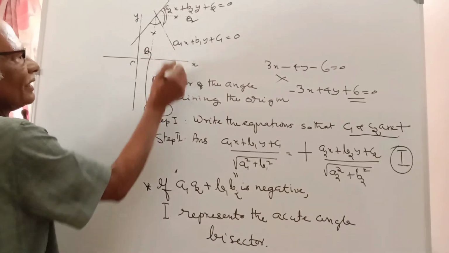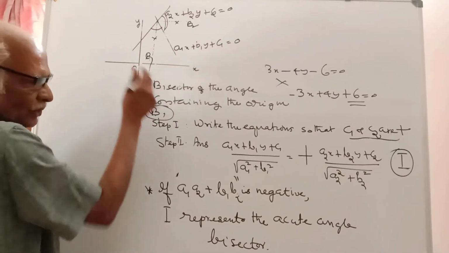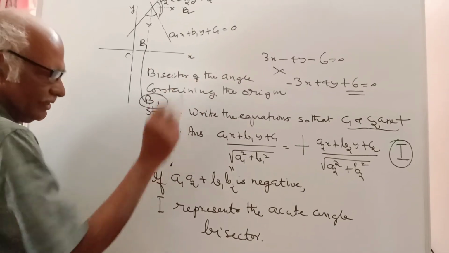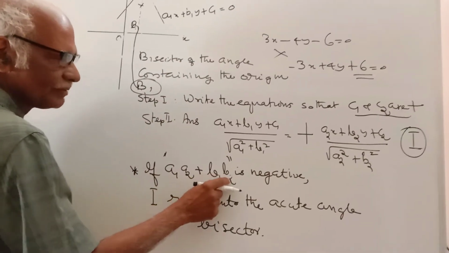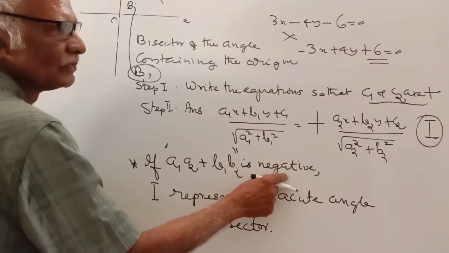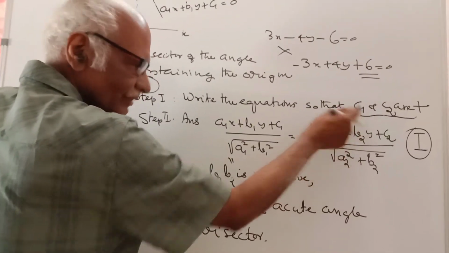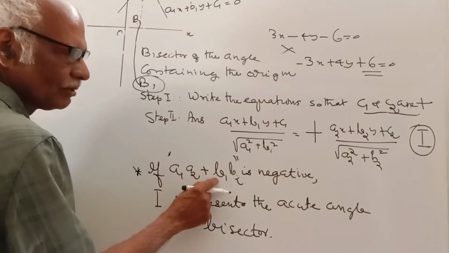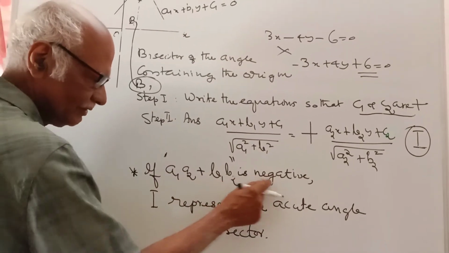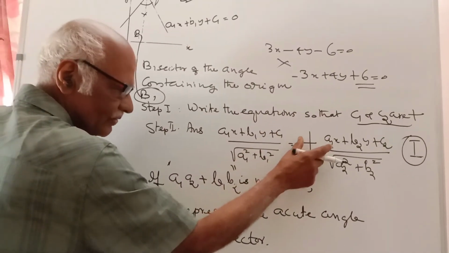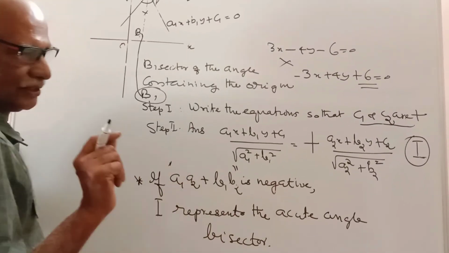You can see the angle containing the origin. Now, remember after this step C1 and C2 are made positive. Then if a1 a2 plus b1 b2 is negative, this represents the acute angle bisector.